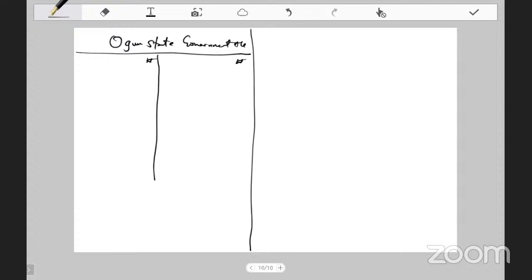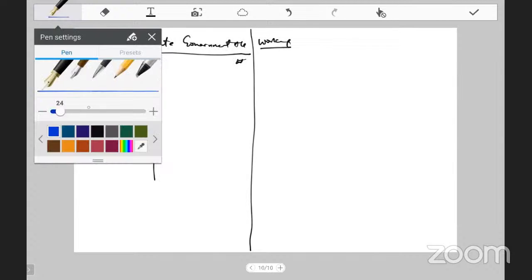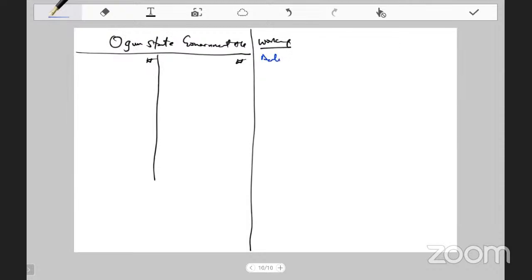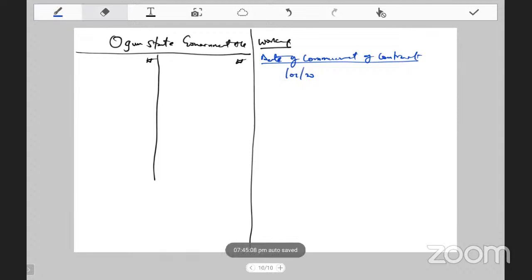Now, reading through the question, I was told that the job started. So I need to do my workings to get some information. The date of commencement of contract, is what date? 2nd of January 2000.